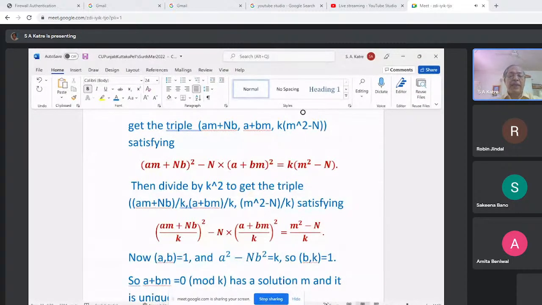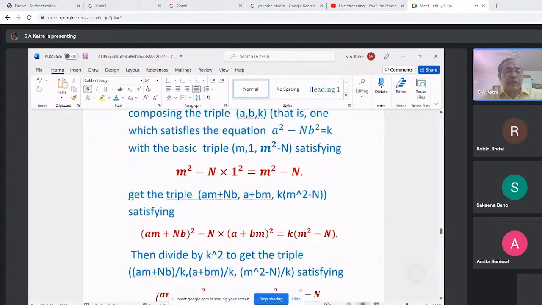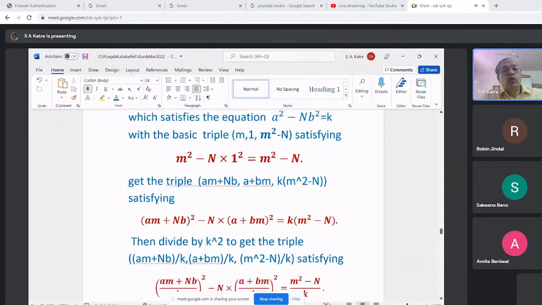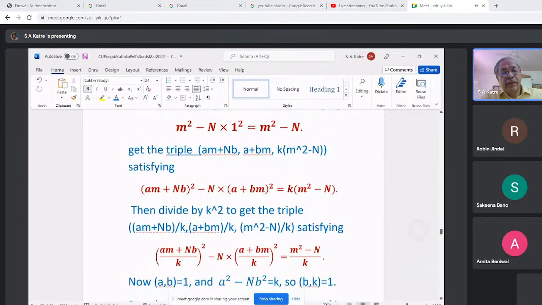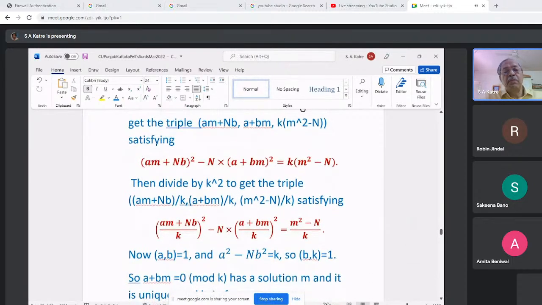Y is (a plus bm) upon k, and right hand side is (m square minus n) by k. Now the idea is that you should see this m, and m is actually arbitrary, it is at your disposal. So you should choose m in such a way that m square minus n is divisible by k so that it will become an integer. That's the idea.